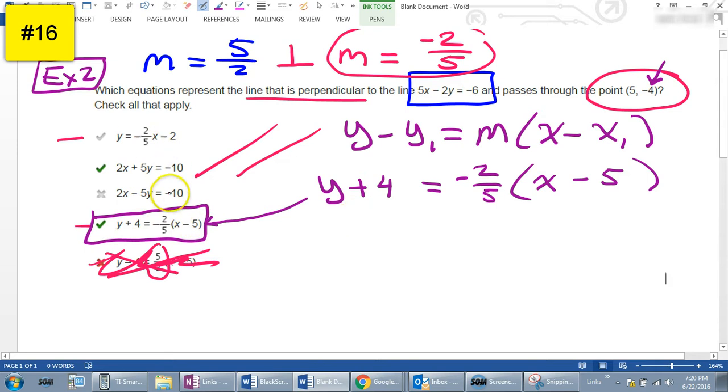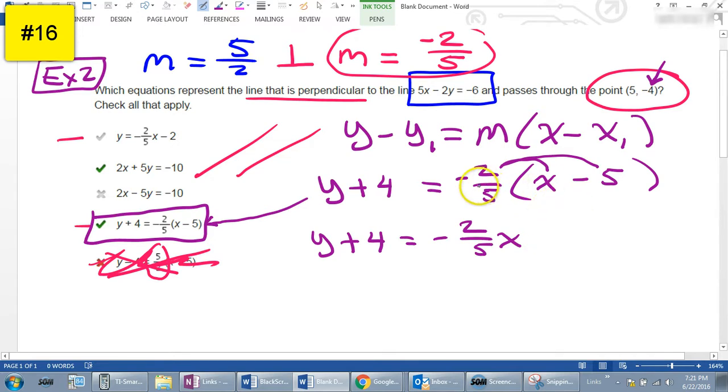Okay, now to check the rest of the answers, I need to sort of rewrite this without the parentheses. So what I have to do is I have to do the distributive property. So that's going to give me y plus 4. If I do the distributive property, I get negative 2/5 x.